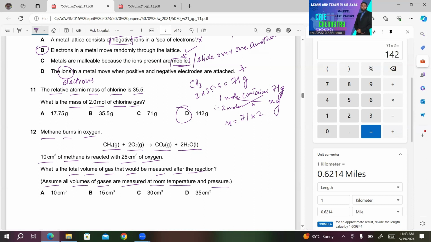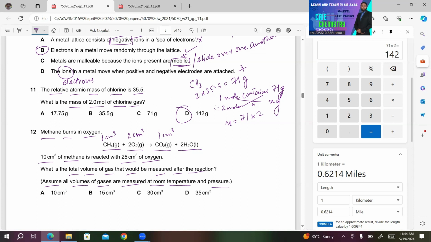Now, let's consider the moles of methane and oxygen in cm cube. Here must be 1 cm cube of methane reacting with 2 cm cube of oxygen. What about the product? We have only one gas, that is carbon dioxide, so there must be 1 cm cube of the gas.